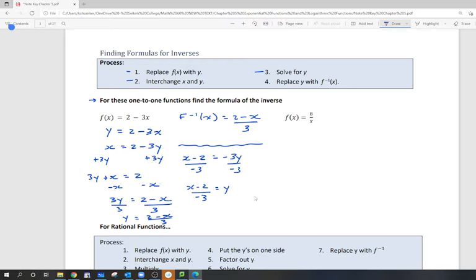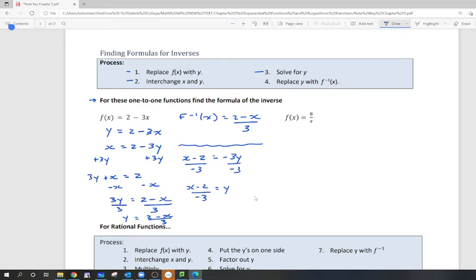But it's kind of a math rule that we don't like negative numbers in the denominator if we can help it. And so what you would want to do is multiply the top and bottom by negative 1. So you would get (negative x plus 2) over 3, and then you could rearrange it, or just be okay with the fact that these two are the same. Ideally you're going to write it as an equation that looks like this.